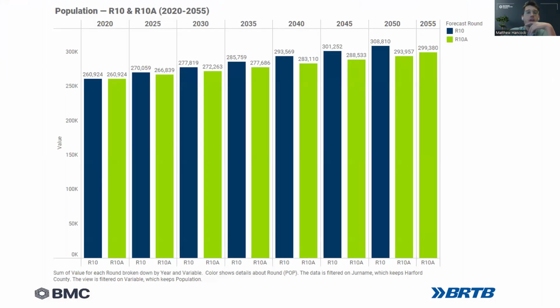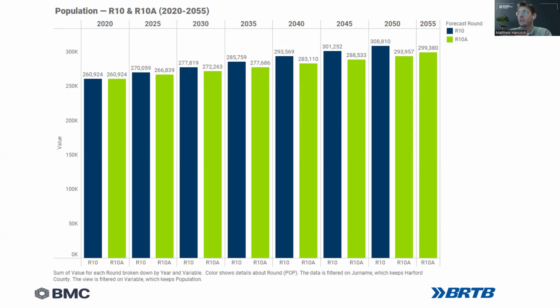So round 10A for Harford is simultaneously reducing population and increasing households relative to round 10 in the same forecast year. So what we're seeing is, again, as I discussed at the beginning, a shift in overall household structure. So moving into fewer persons per household, but with continued population growth.